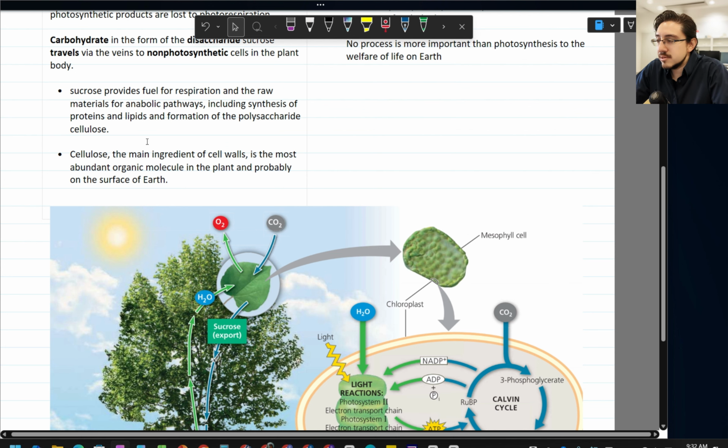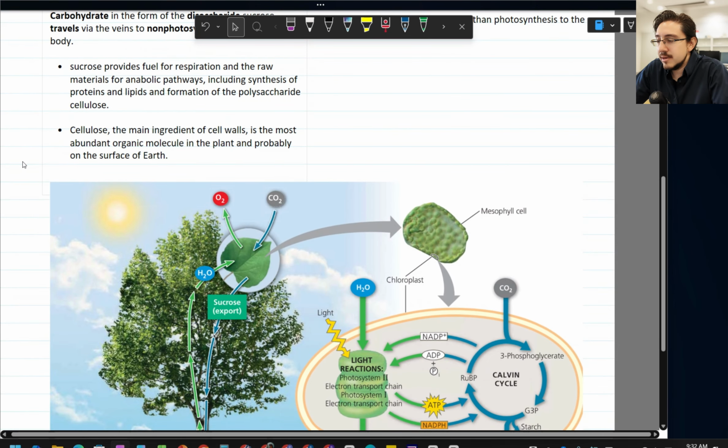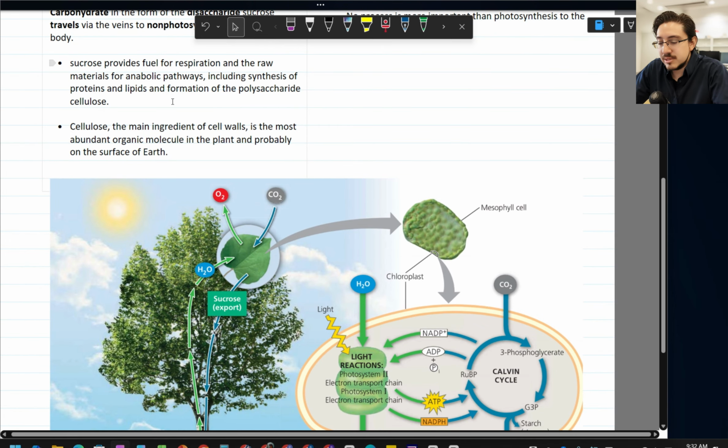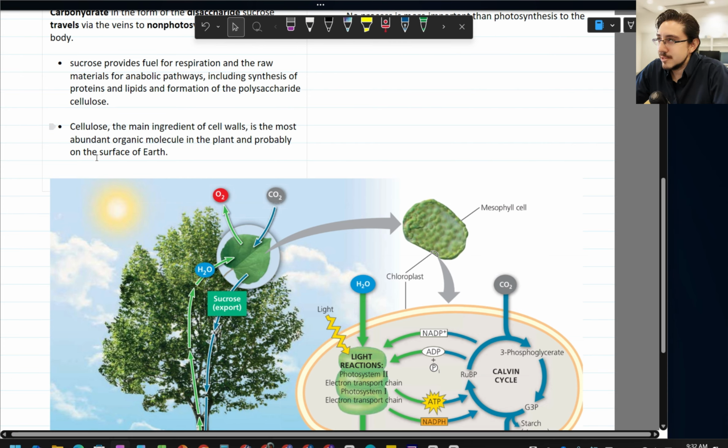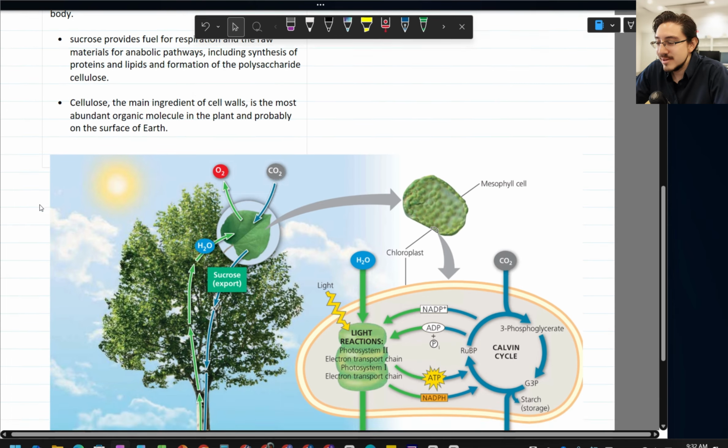Cellulose, as we've seen before, is very simple here. It's the main ingredient of cell walls, which helps provide rigidity, structure, and support for the plant cell. It is the most abundant organic molecule in the plant and probably on the surface of Earth.